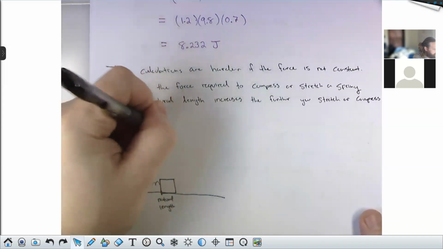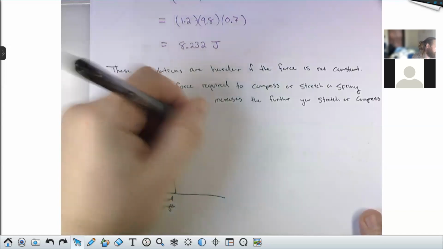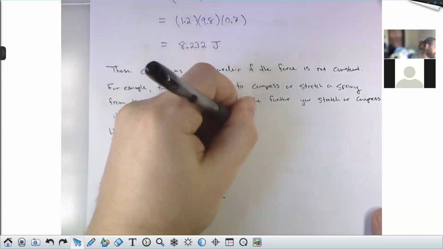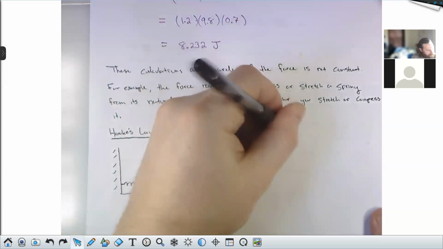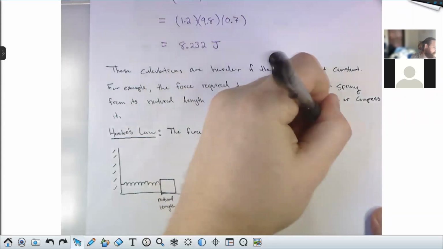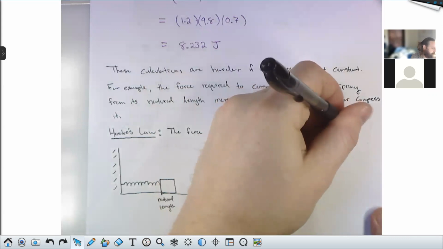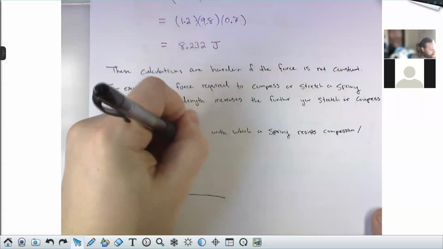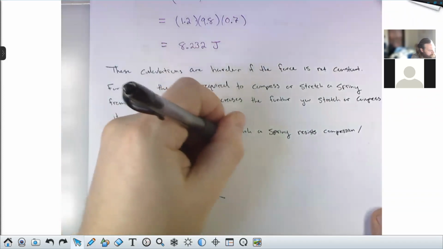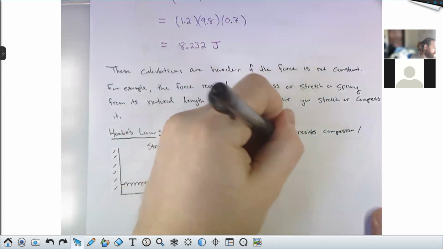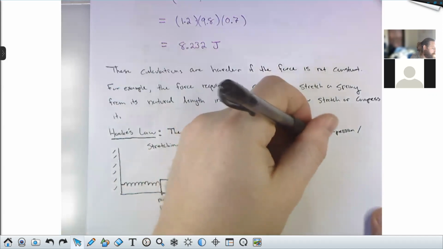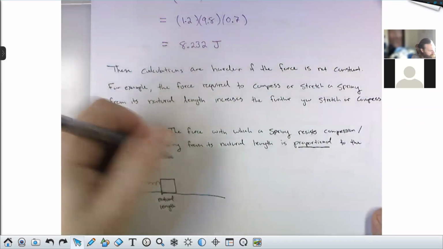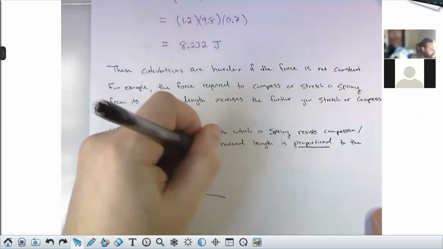What Hooke's law says is the force from a spring, so the force with which a spring resists compression or stretching from its natural length, is proportional to the distance it's being stretched or compressed.